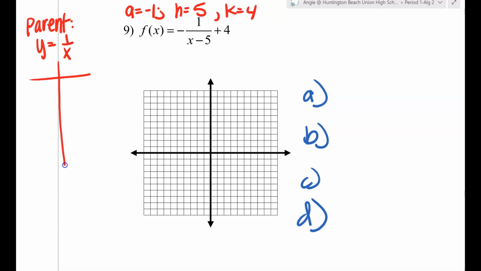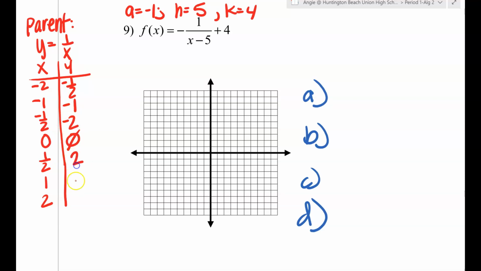And this is where we are going to have two asymptotes, okay? So negative 2, negative 1, 0. That's never going to happen for the parent, 1 and 2. Oh, you know what? I forgot negative half. So negative half, 0, positive half, 1 and 2. So negative 1/2, negative 1, negative 2, 0 not happening for the parent, 2, 1.5.